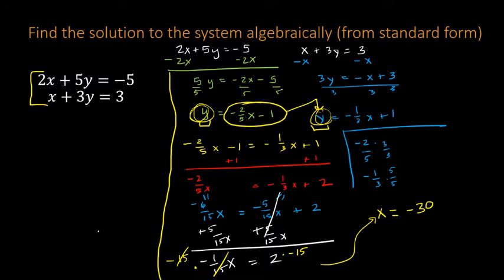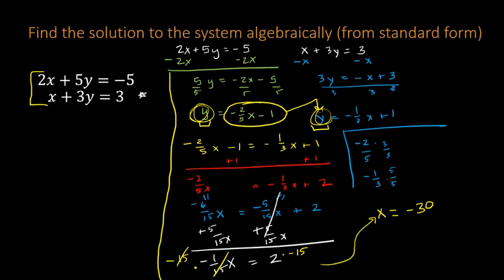In the last example I did, I double-checked the answer by plugging into one of my equations in standard form, but you probably noticed that that meant that I had to do a little bit of algebra to get to the solution.